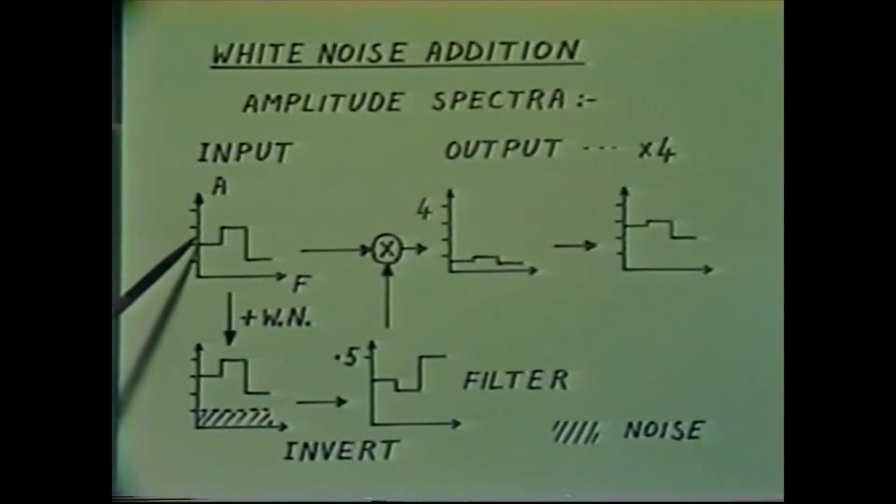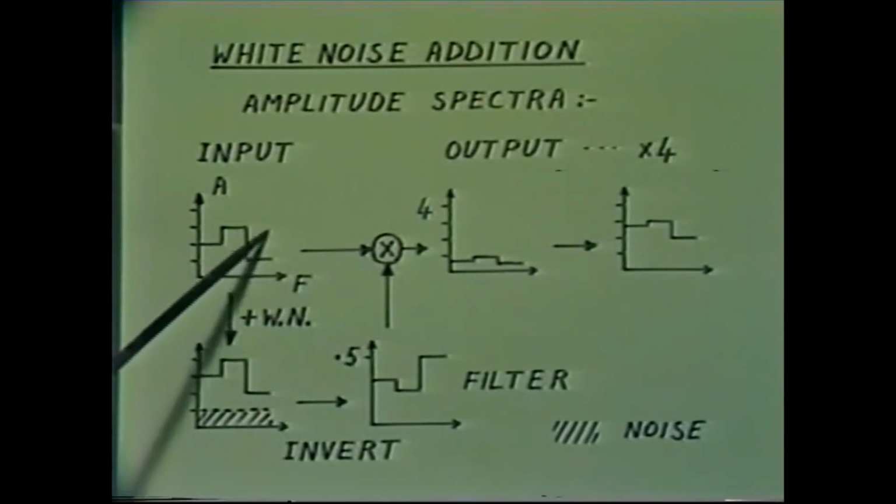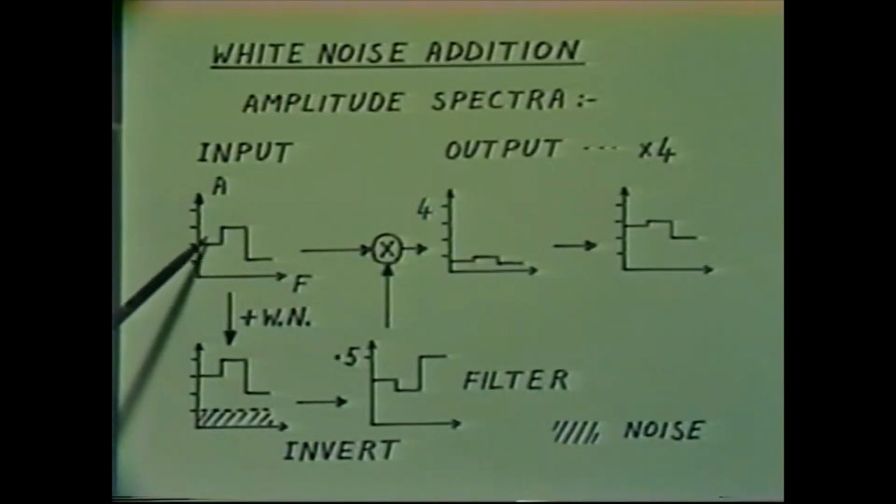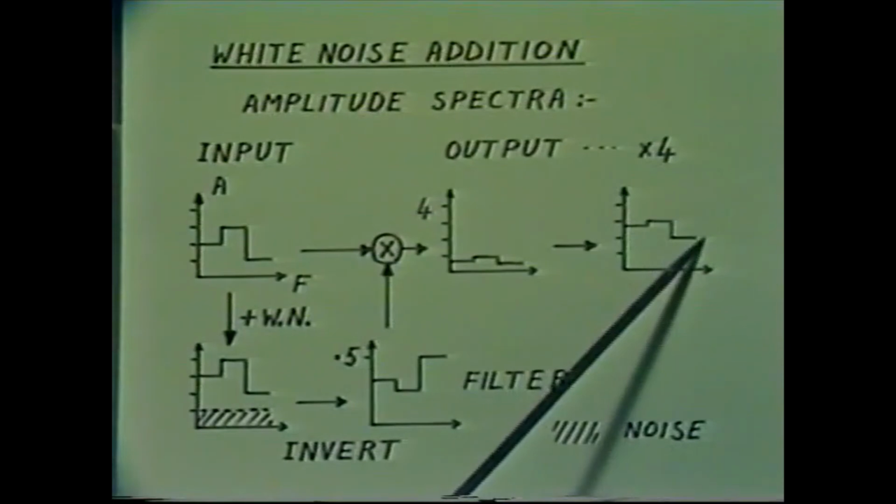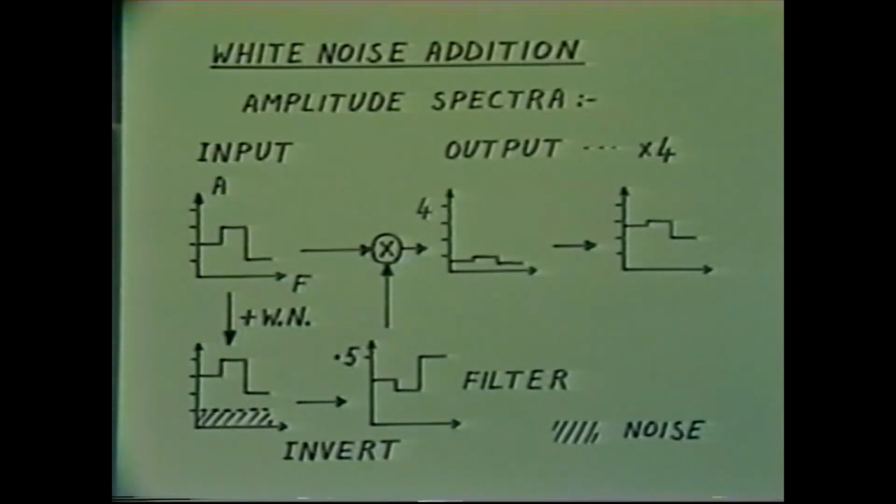Therefore, the input spectrum has been flattened out, but not completely flattened. It still retains some of the original shape. So that by adding a moderate amount of white noise to the designature design before the inversion of the spectrum, we do limit to some extent the flattening of the output spectrum.